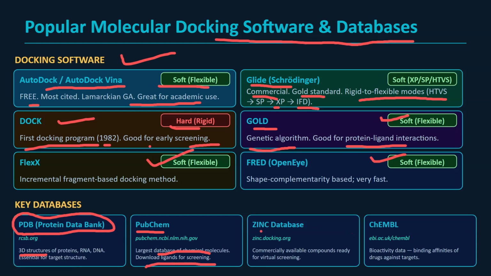Another one is the ZINC database, which contains commercially available compounds important for virtual screening. Next is ChEMBL, which is a chemical database containing bioactivity data, showing how strongly drugs bind to their targets. So these are the different databases and different tools which we can use in structure-based drug designing.